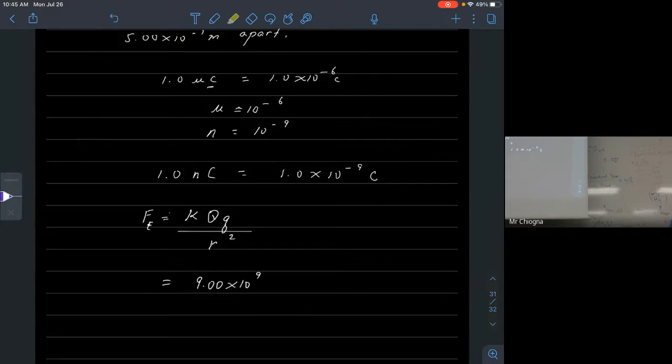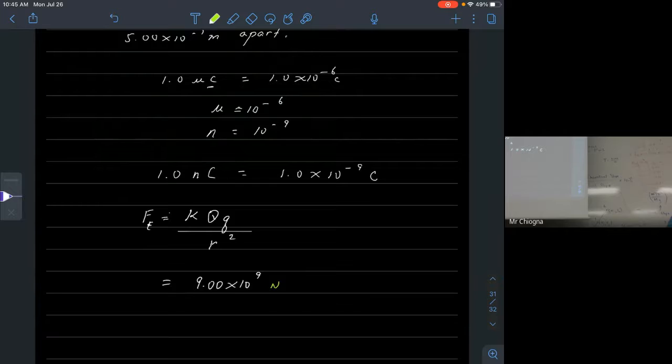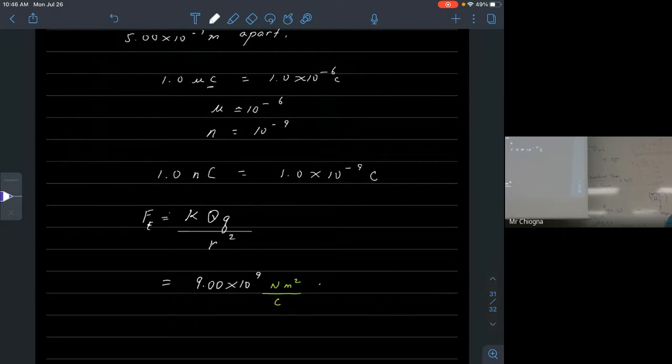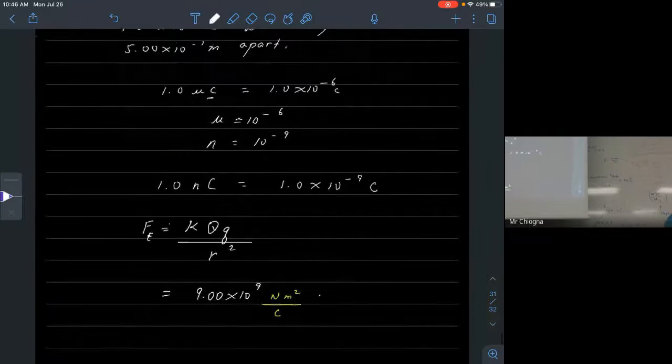Okay, I don't usually write down the units, but I'll do it this time just so you can see what happens. Units are in green. So we have two charges, 1/1,000,000th and 1.5.